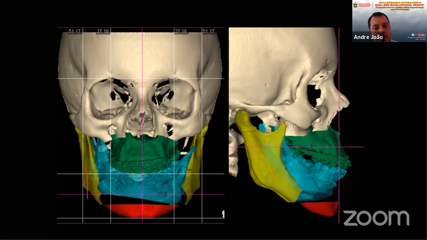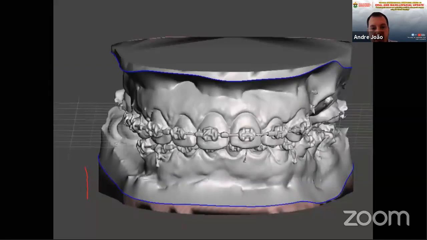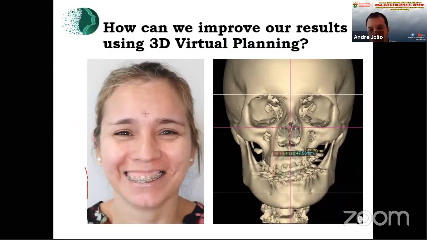I started to think, sorry, what is going on? If the occlusion is okay, I'm going to come back here and show that I don't have a deformity on the base of the mandible. The patient was that asymmetric. The maxilla was asymmetric, the mandible was, but the base of the mandible was still okay.